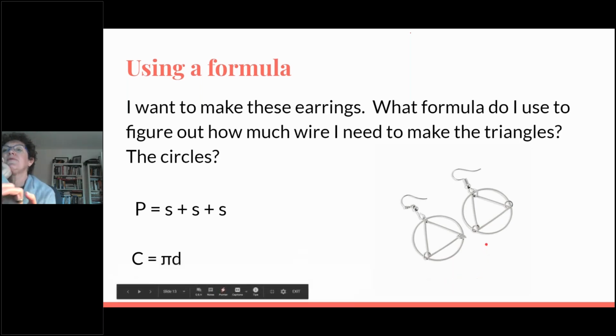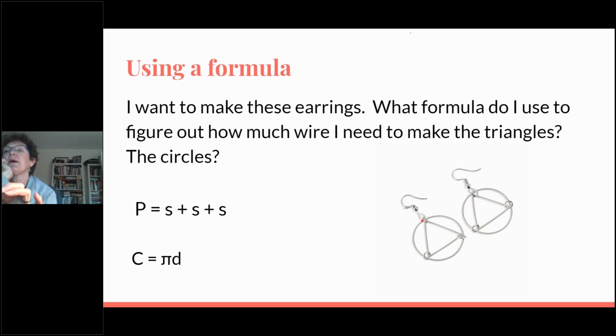So if this side was 1 inch, it would be 1 plus 1 plus 1. So we would start here and go 1 inch plus 1 inch plus 1 inch. So that would be 3 inches to make this triangle, and another 3 inches to make this triangle.